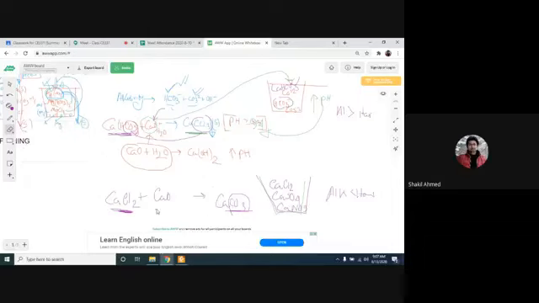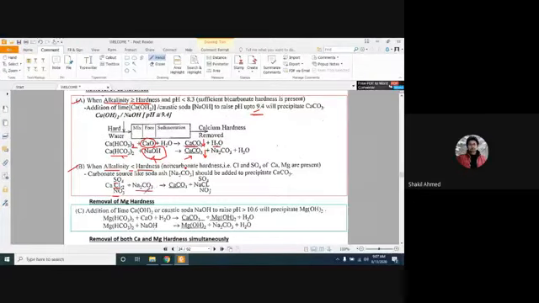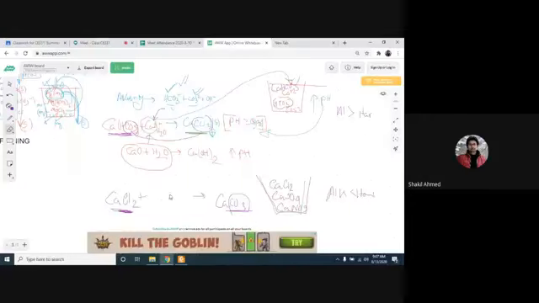Therefore, you have to add carbonate now. Sodium carbonate. This is called soda ash. What is soda ash? Sodium carbonate. Now you add sodium carbonate. That will also raise the pH.